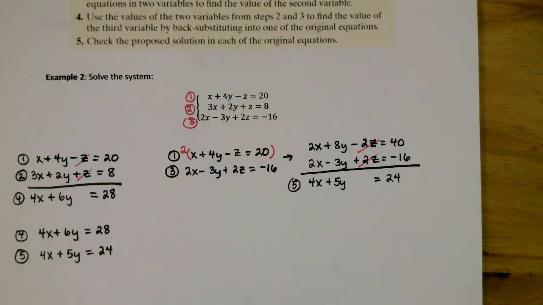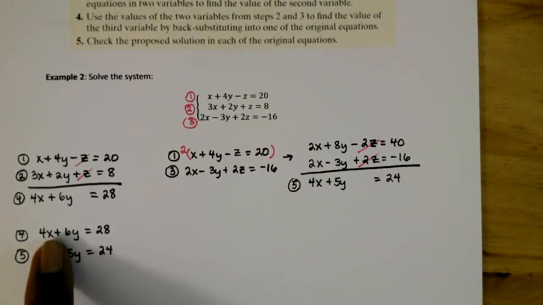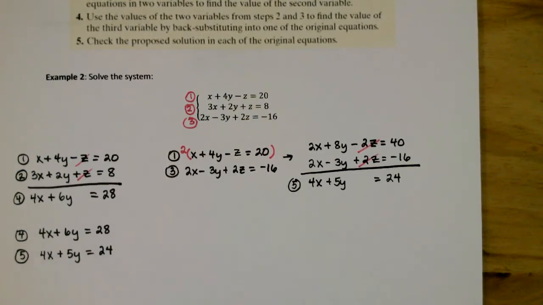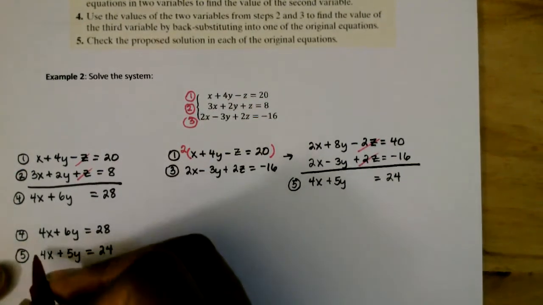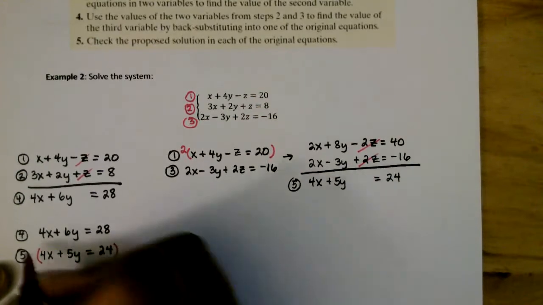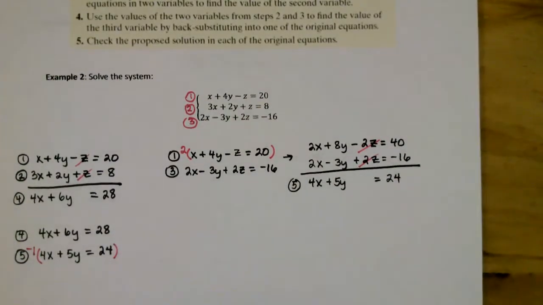Now, what I need to do here is eliminate the x's because I got 4x and 4x, but they're both positive. For me to eliminate an x, one has to be positive, the other one has to be negative. I'm going to make equation 5 negative by multiplying that equation 5 by negative 1. I could multiply equation 4 by negative 1 if I wanted to, but one of them has to be positive, the other one has to be negative in order for me to eliminate.